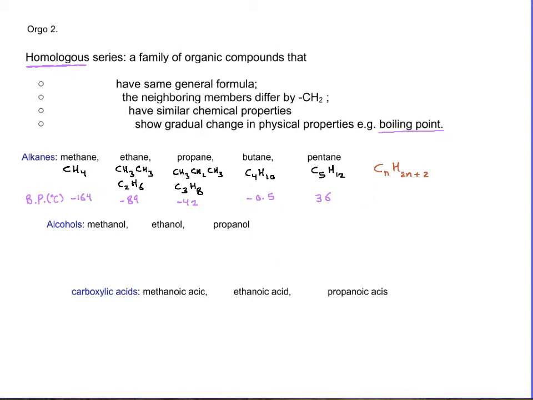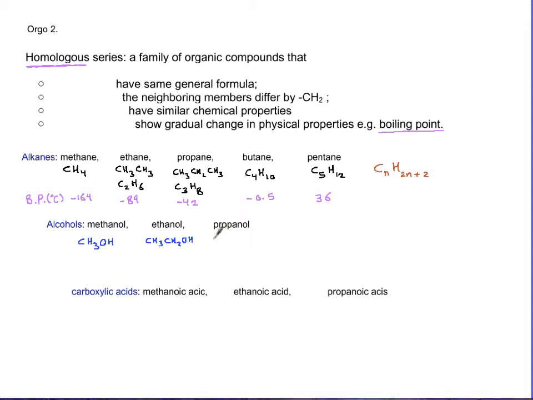Now let's look at another homologous series, the alcohols. Methanol, meth stands for one carbon. It's CH3OH. OH is hydroxyl, which represents the functional group for alcohols. The next member is CH3CH2OH, ethanol.